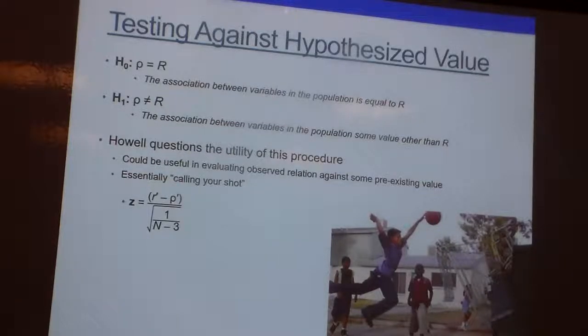So if my correlation coefficient was 0.5 and I'm testing it against a population value of 0.2, I would take my 0.5, Fisher R to Z that to get R prime, take my hypothesized value of 0.2, R to Z that into a rho prime, and then divide that over the square root of 1 over n minus 3. Okay? What does this formula look like? We talked about it last semester.